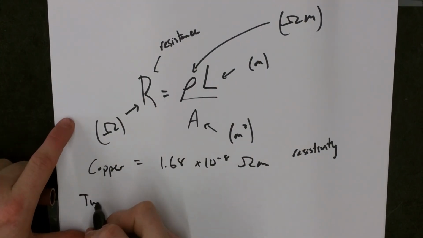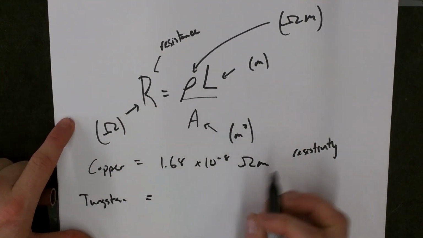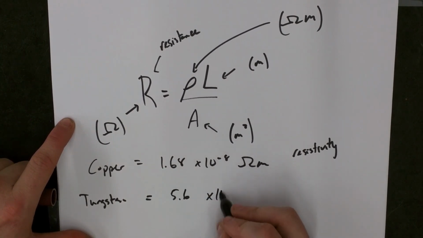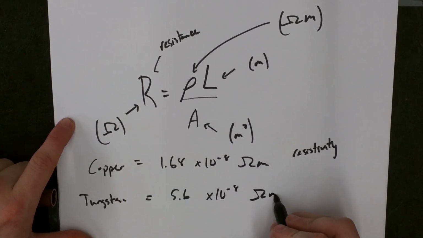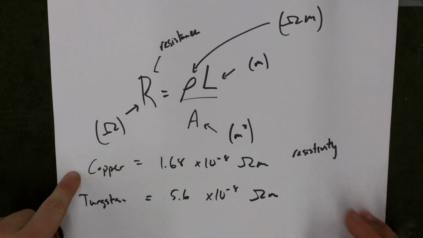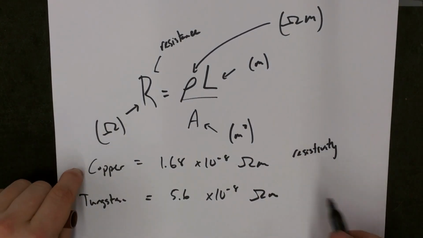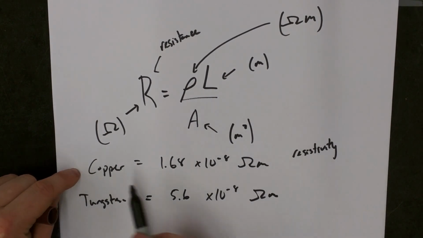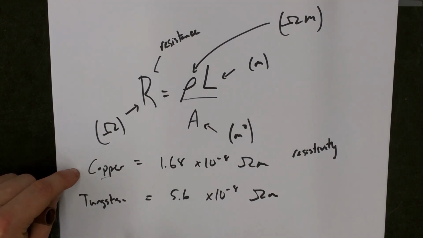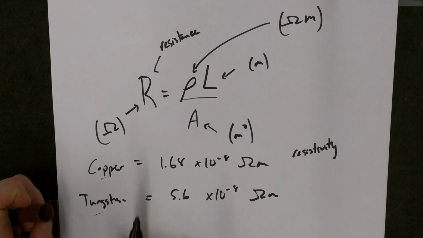And let's also look at tungsten, which has 5.6 times 10 to the negative 8th ohm meters. So copper has a lower resistivity, meaning for any given length and area, we'd be able to get electrons to flow through copper at a greater rate than through tungsten.